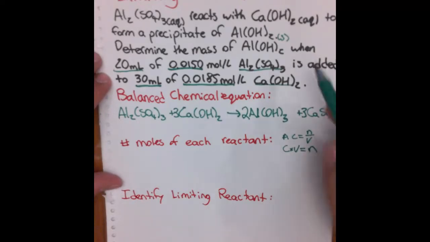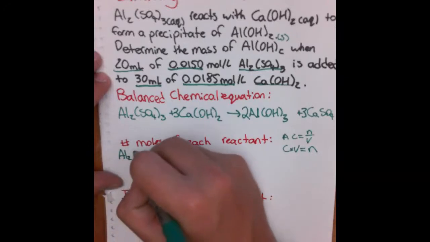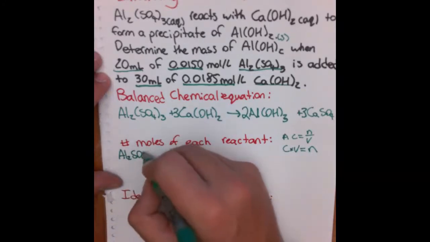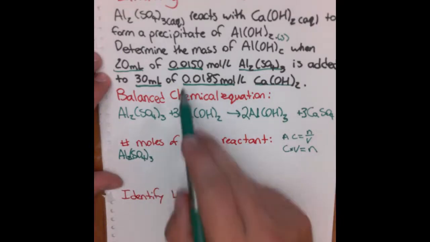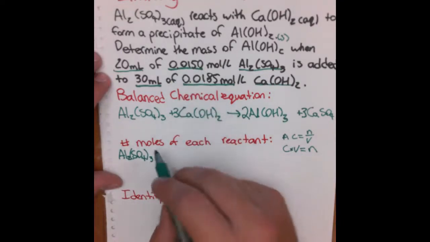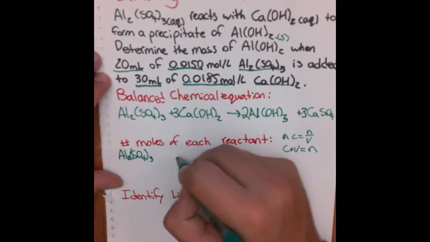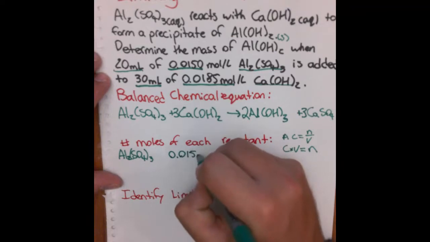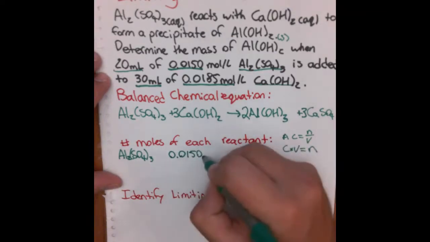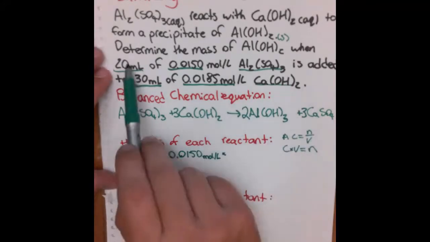So given both of these, we can simply do our concentration times our volume. We're going to start with our Al2(SO4)3, and our concentration of that is 0.0150 moles per liter times 20 milliliters.